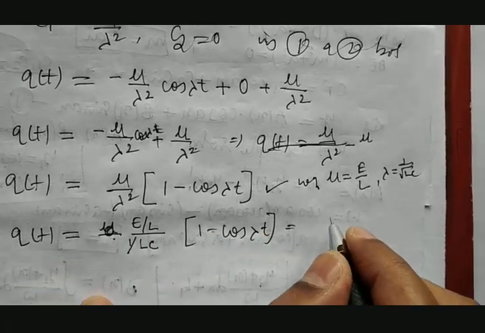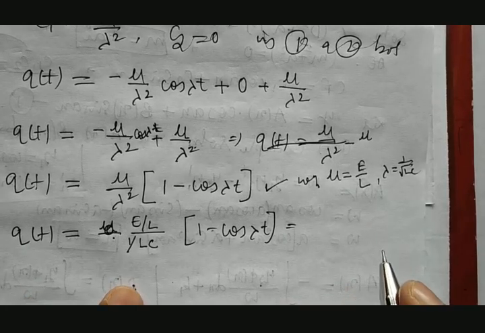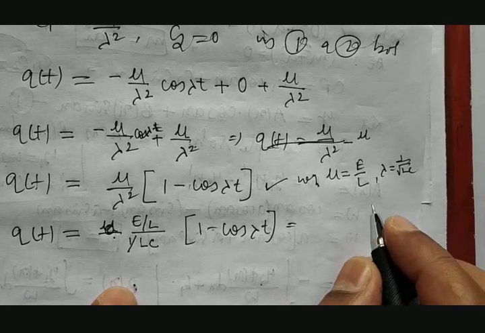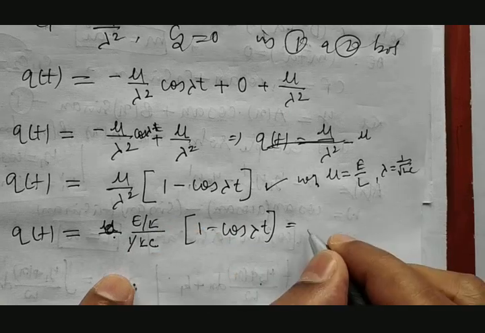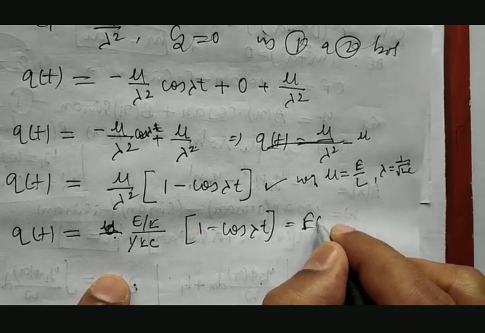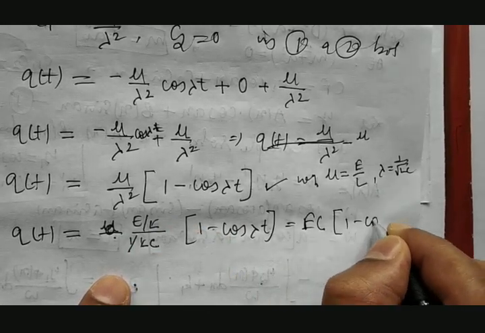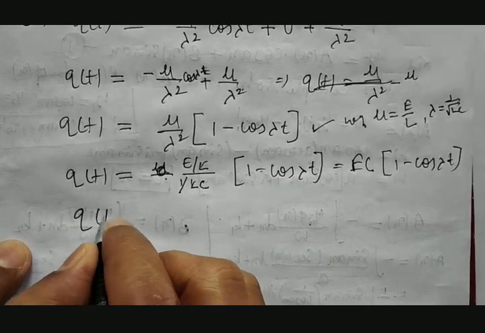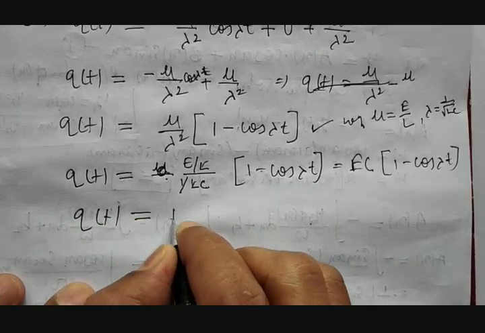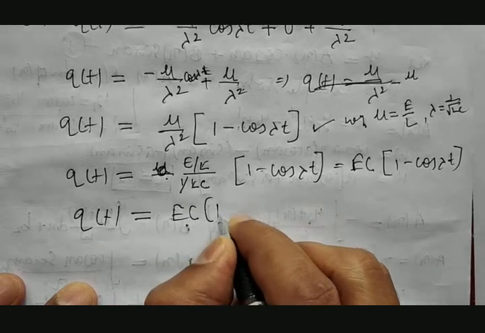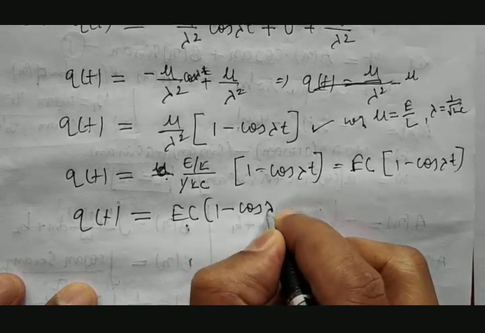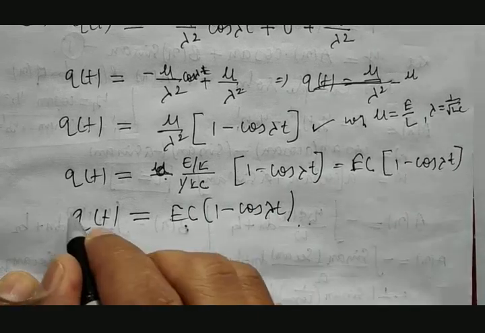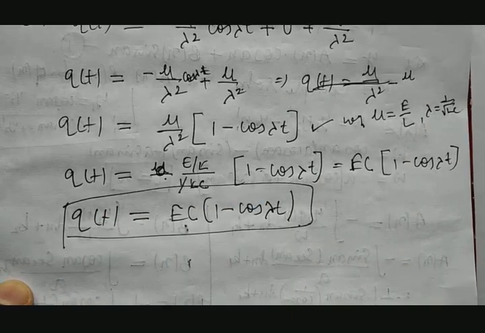So simplify this. Here L will get cancelled, then the C goes to the numerator, and it becomes EC into 1 minus cos lambda t. Therefore Q of t is equal to EC into 1 minus cos lambda t. So this is the value of Q of t.